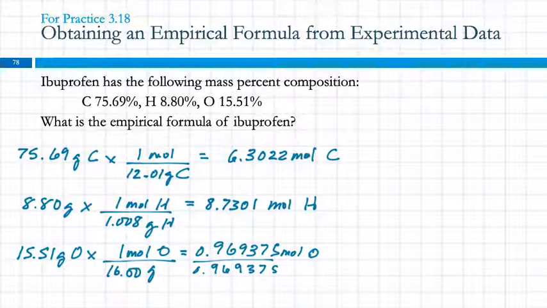And that one, you're always going to get one that's 1. So this one, .7301 divided by 0.969375.